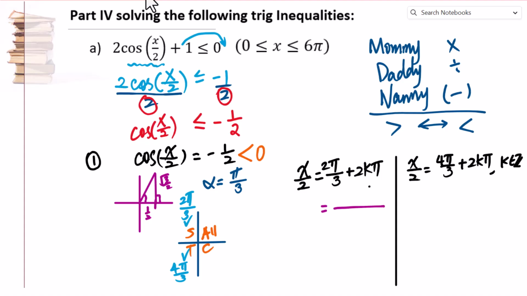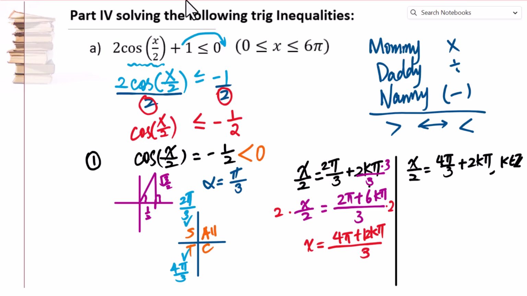Get the same denominator: 2 pi plus 6k pi over 3. Then we times 2 on both sides: x equals 4 pi plus 12k pi over 3.